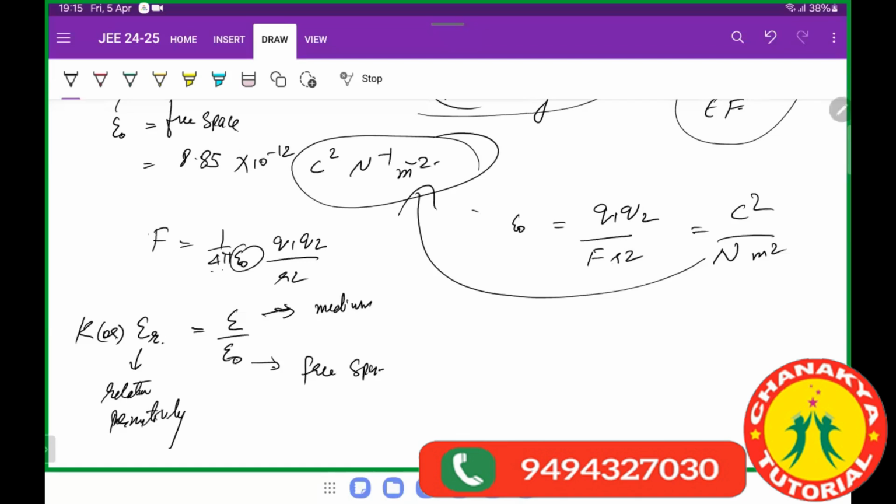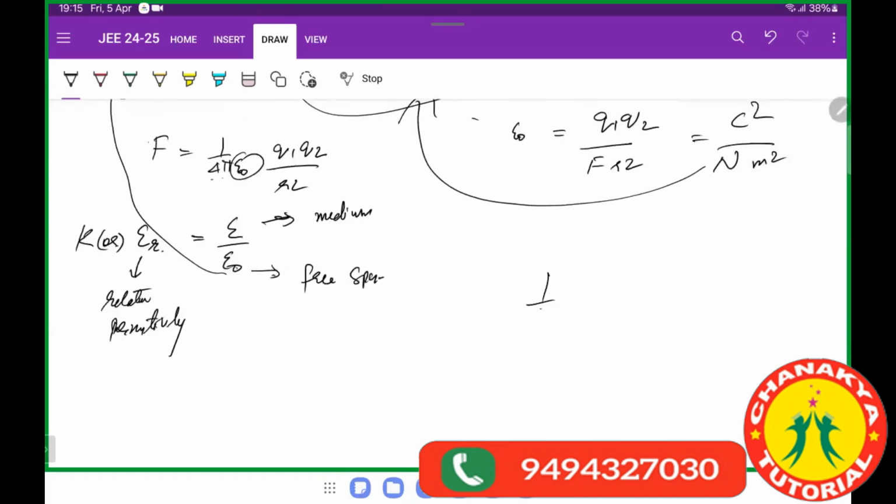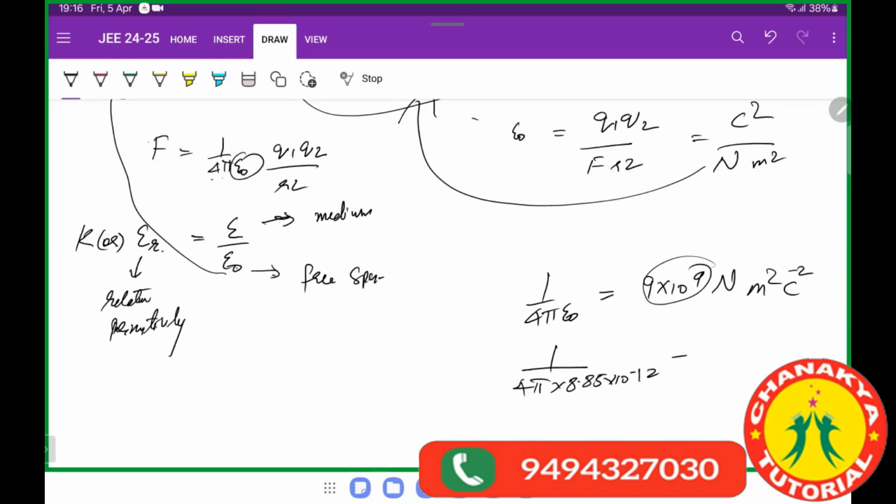Now for free space, the standard value of 1 by 4 pi epsilon naught is 9 into 10 to the power 9 newton meter square coulomb inverse square. If you divide 1 by 4 pi times 8.85 into 10 to the power minus 12, you will get this value.